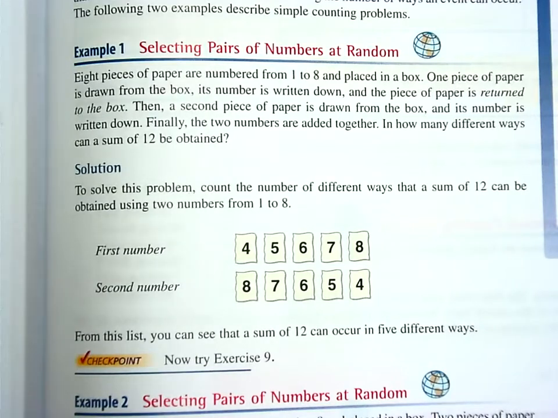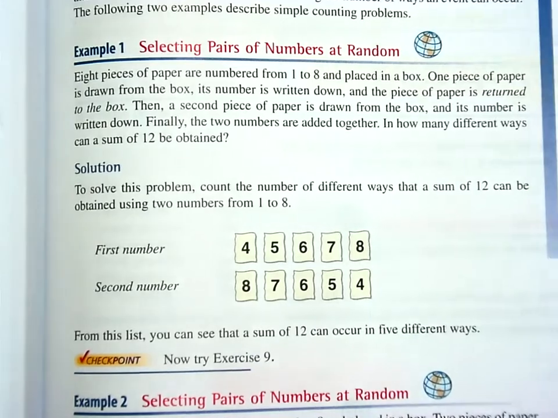And by literally listing and counting the possibilities, we find out that there's only 5 ways that a sum of 12 could happen. So this is the basic idea of a counting problem, but in the problems that we're going to be doing in our examples, we're going to see much larger scale problems, because not everything works out so nice and small like this one.